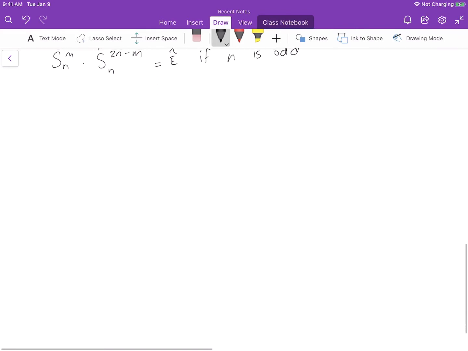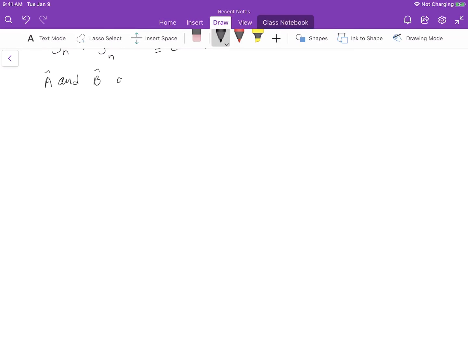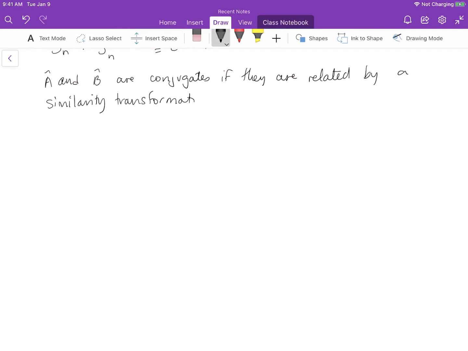Within these groups, we also have something called classes. So A and B are conjugates if they are related by a similarity transform. So if, for example, we have P to the minus 1 times A times P, and that equals B, then A and B are conjugates.